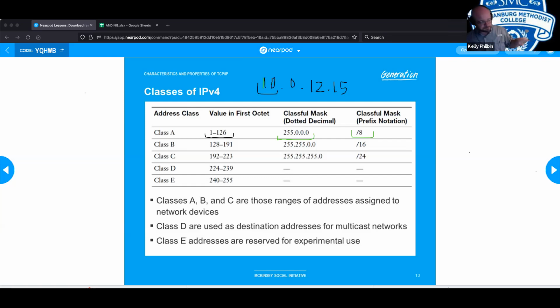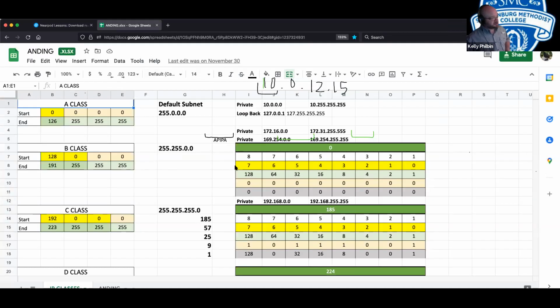Class B goes from 128 to 191. Which if we go back to our ANDing here, if I add 128 and 64, so 192, minus a couple for other pieces that they use them for, it's that second bit on.